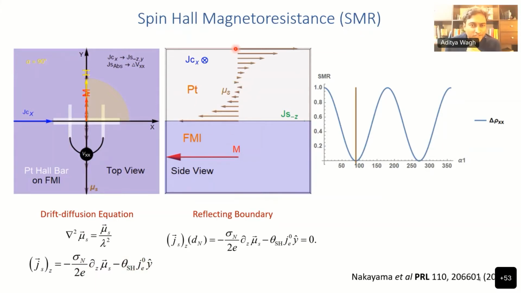If both the top interface and this interface of the platinum are perfectly reflecting, meaning no spin current is lost there, it is a perfect reflecting boundary condition, and then you will have the spin Hall effect and spin accumulation this way.